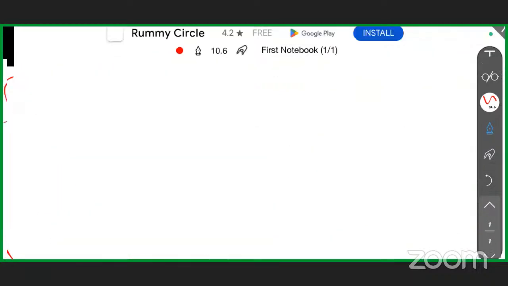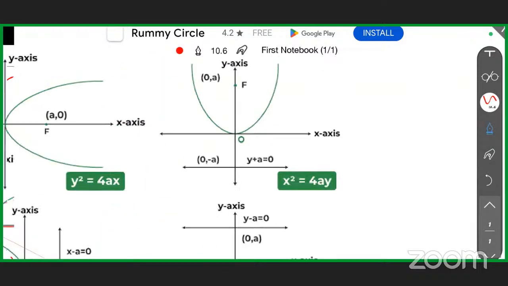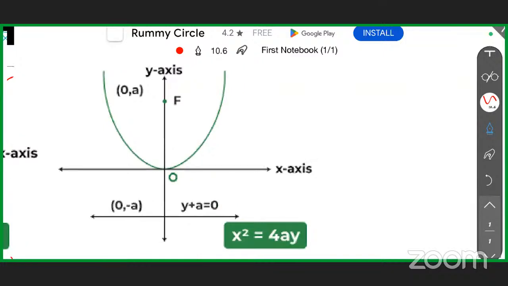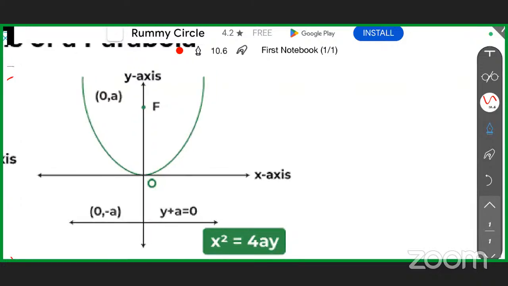Now we'll go on to the third form of parabola, that is x square is equal to 4ay. When I say x square is equal to 4ay, look carefully at the parabola. The parabola is resting on the x-axis.